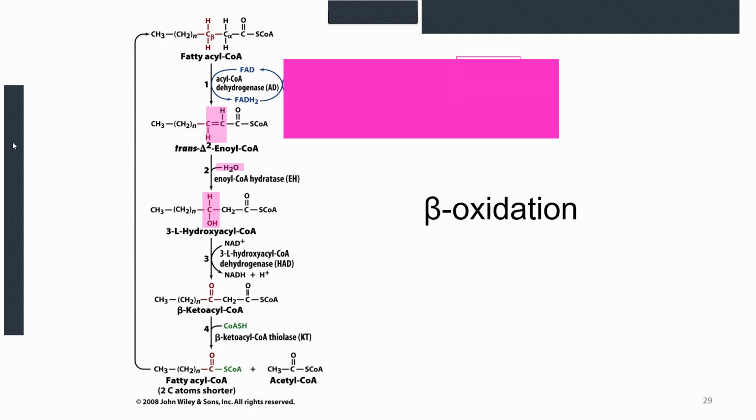If you think about the classification of enzymes, dehydrogenases are the enzymes that are involved in oxidation-reduction reactions. We're removing electrons from this 3L-hydroxyacyl-CoA, and in the process, we're making this beta-ketoacyl-CoA, which I'm going to put a box around.